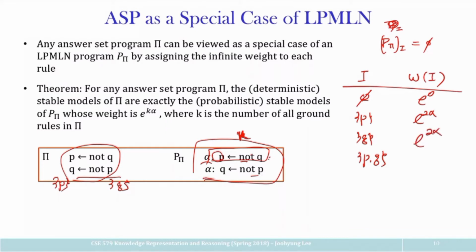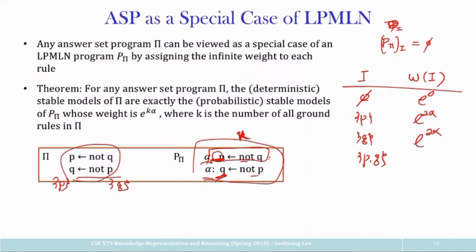Now the next one, PQ. So what is the subset that is true under this PQ? Are you sure about that? Both of them. Not Q implies P. This is true. The head is true. So no matter whether the body is true or false, the rule is true.